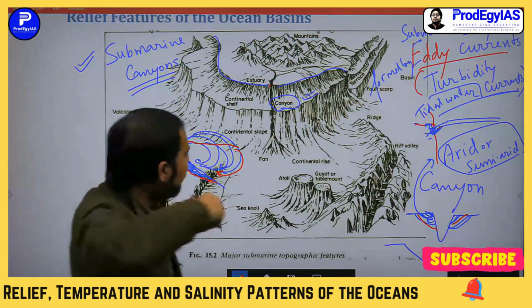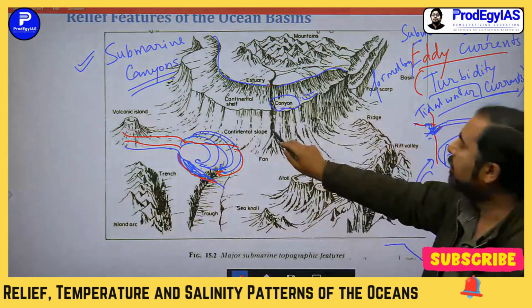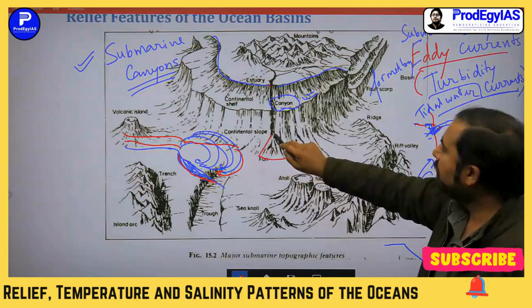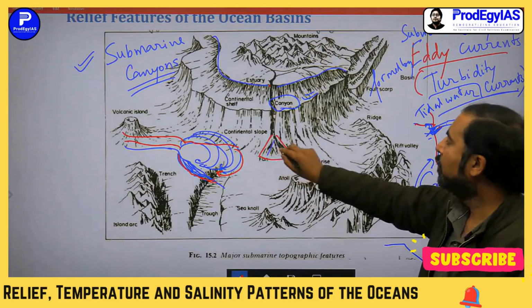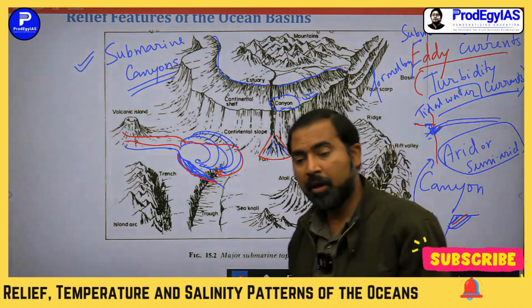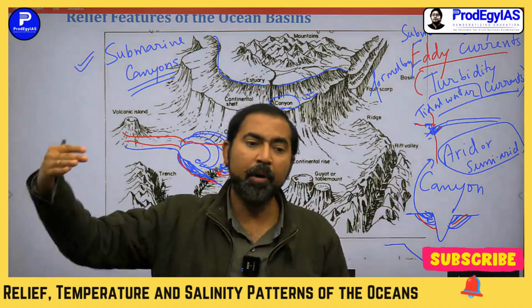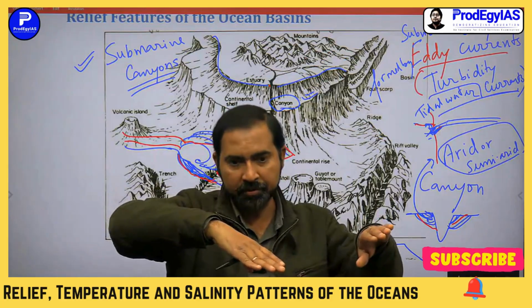Here you can see this is the fan, like the alluvial fans that were made where the river comes from its mountainous course to its plain course.